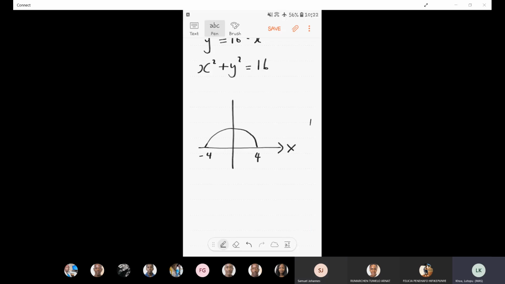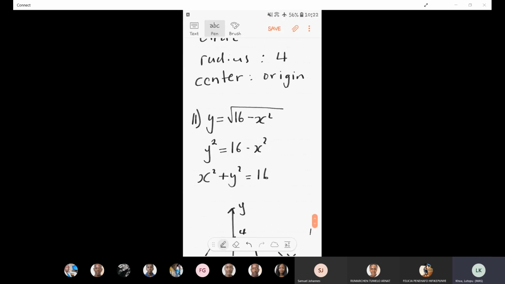That is your x-axis, that is your y-axis, and this point over there is also equal to 4. The reason why this is a semicircle is because you only want the positive square root of that.